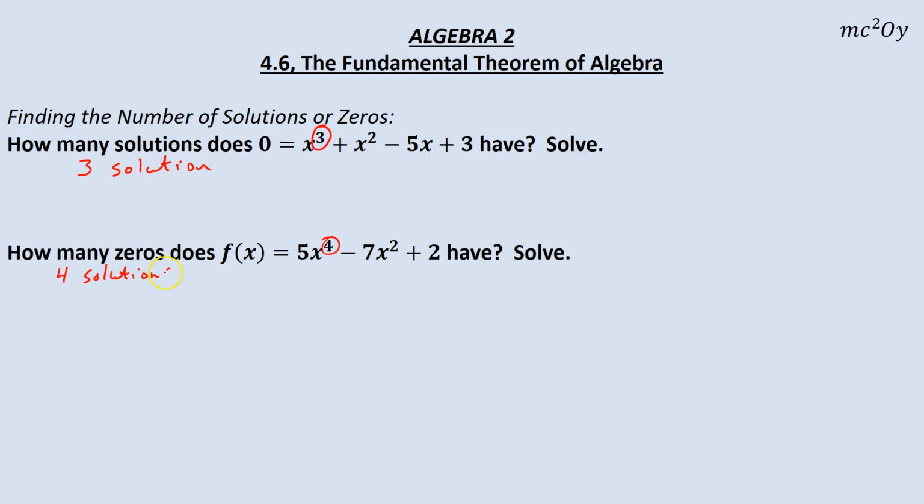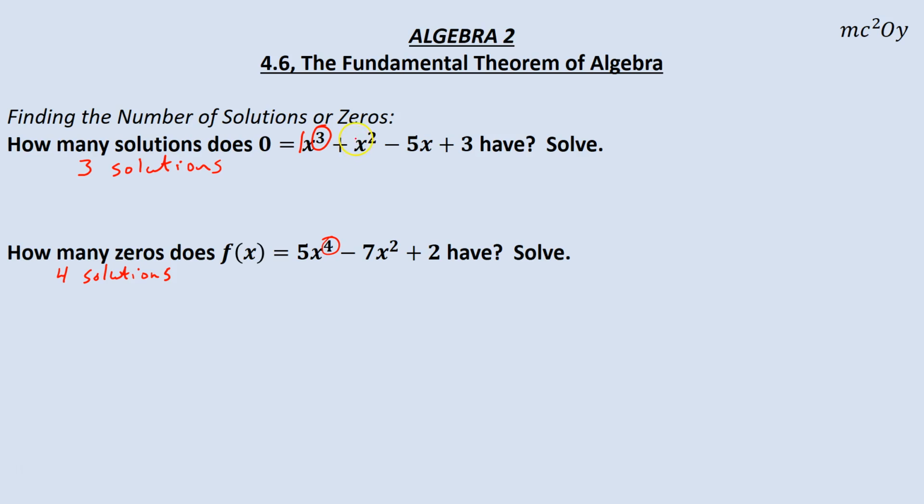So now we're going to actually solve. This first one right here is a cubic. I can't factor anything out, so I'm going to do some synthetic division. If you recall from previous lessons, you want to try the factors of 3 first, and the first factor I always try is 1. I always test 1 by just looking at the coefficients.